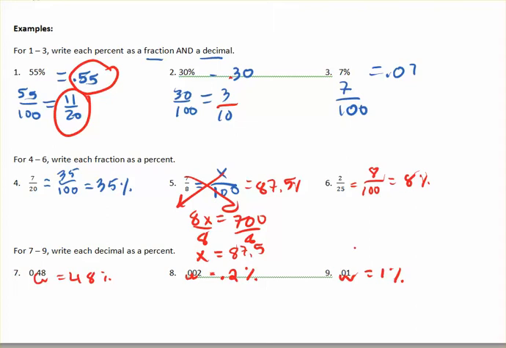For the next set of problems, 4, 5, and 6, we have to write each fraction as a percent. So remember, our goal is to get that denominator to be 100. We're trying to write a comparison out of 100. So for 7/20ths, I multiply by 5, which gives me 35 hundredths, or 35%.